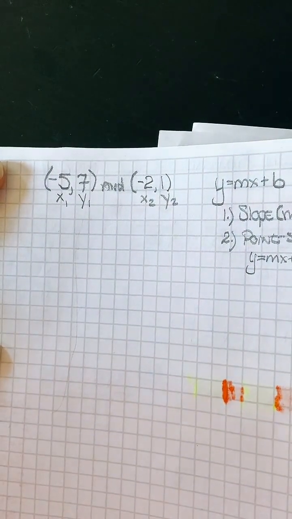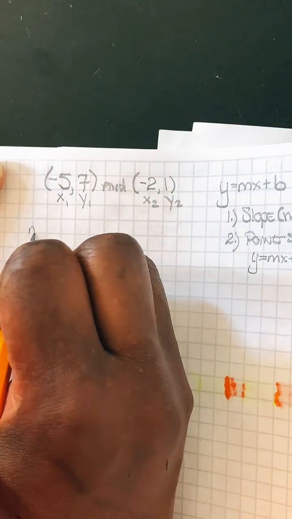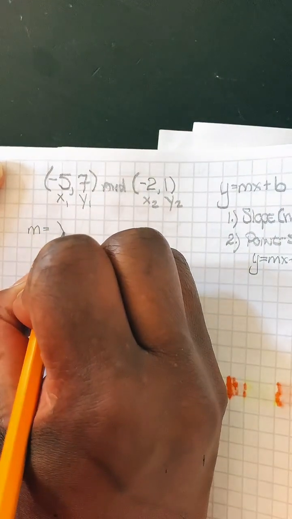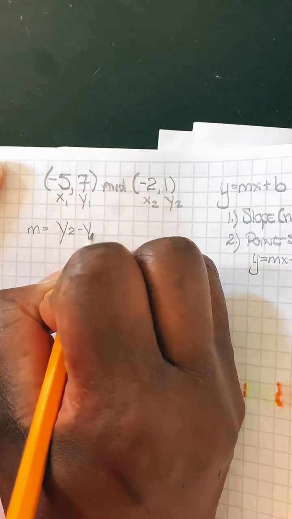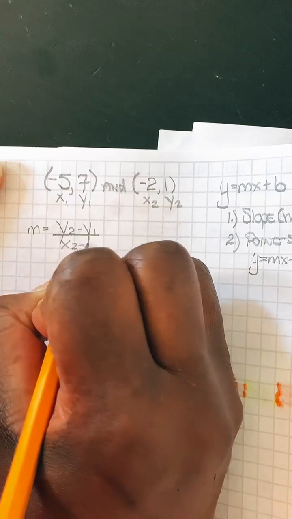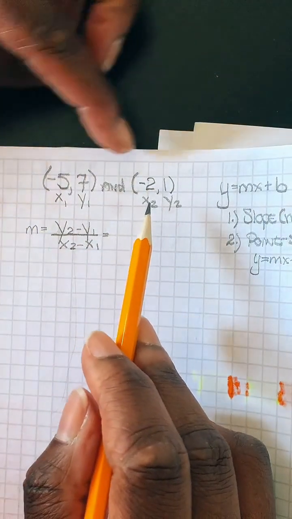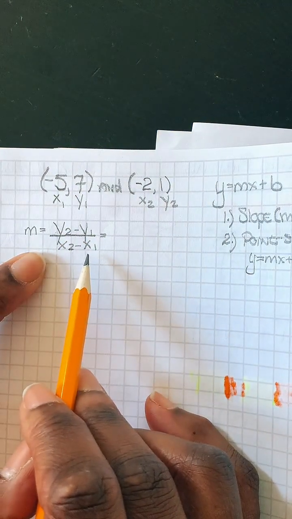Now that we have that, we're going into the formula: the difference of my y's over the difference of my x's. Now we're going to plug this information into the equation.